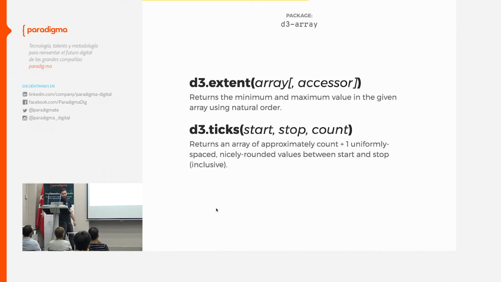This is from the package d3-array. Extent simply returns the maximum and minimum value of a data set. Ticks is interesting because it returns an array filled with values from start to stop every count, but the values are already nicely rounded, and it handles dates, it handles pretty much everything.